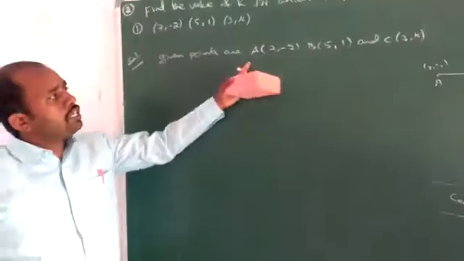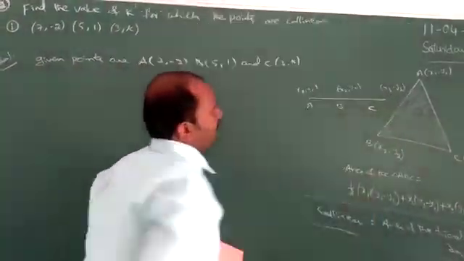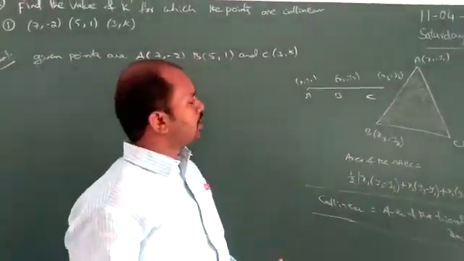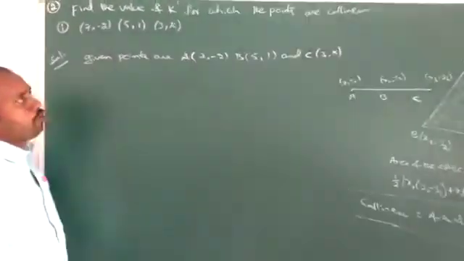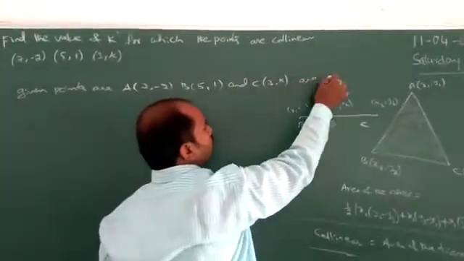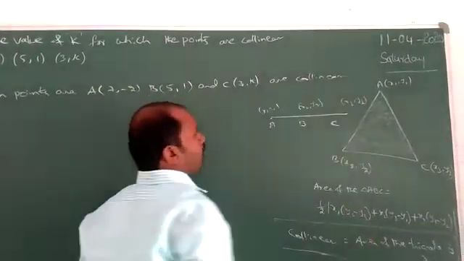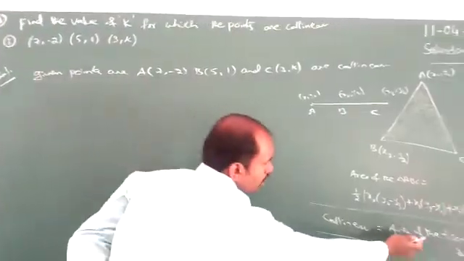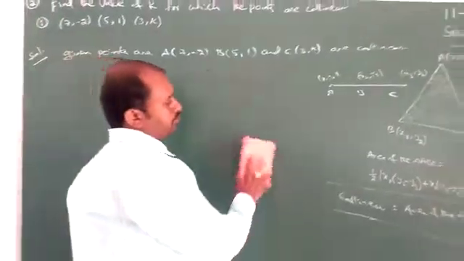Okay, these are the given points. Here A (x1, y1), B (x2, y2), C (x3, y3) are the 3 points. You can use the same formula. The given points A, B, C are collinear. Collinear means the 3 points are in the same line. Same line means the area of the triangle is 0. So that concept is now used.